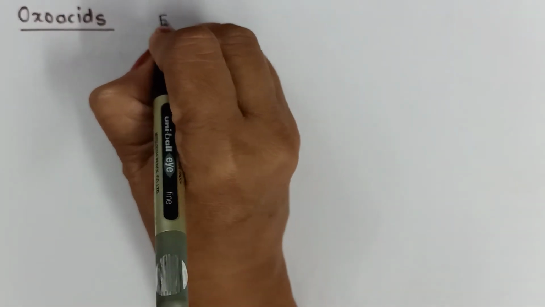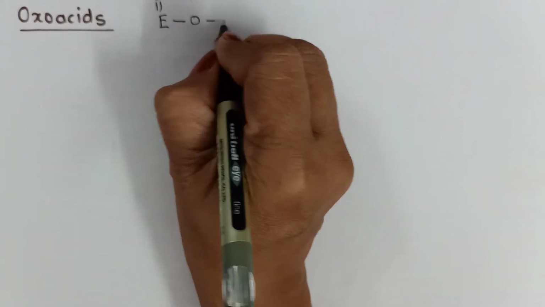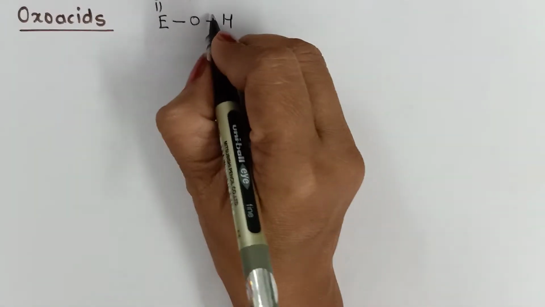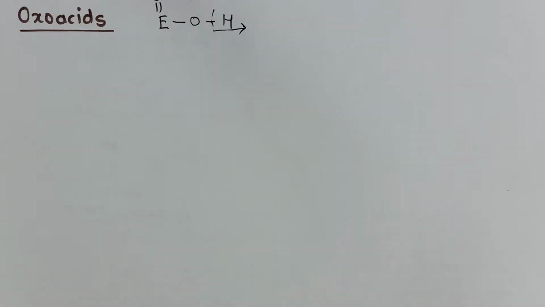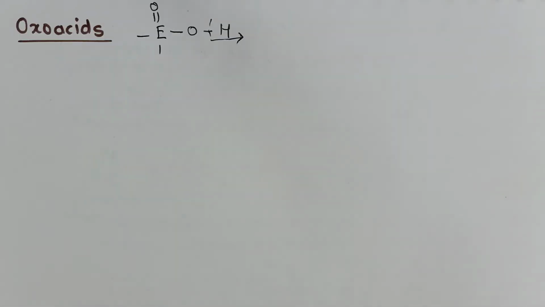Another interesting thing related to sulfur is that we will discuss its oxoacids. Now what is the meaning of oxoacid? When any element is doubly bonded with oxygen and has OH, where H is ionizable and can be released, we call that an oxoacid. The other valences will be filled by hydrogen.